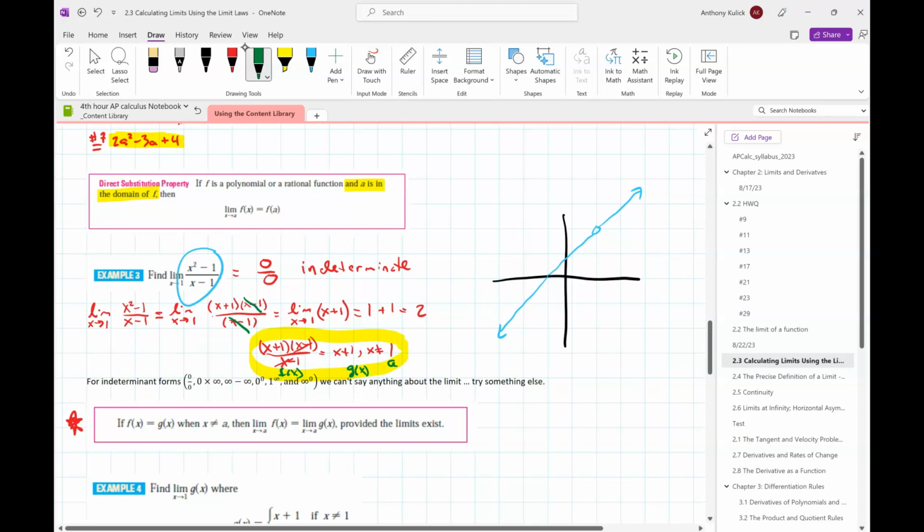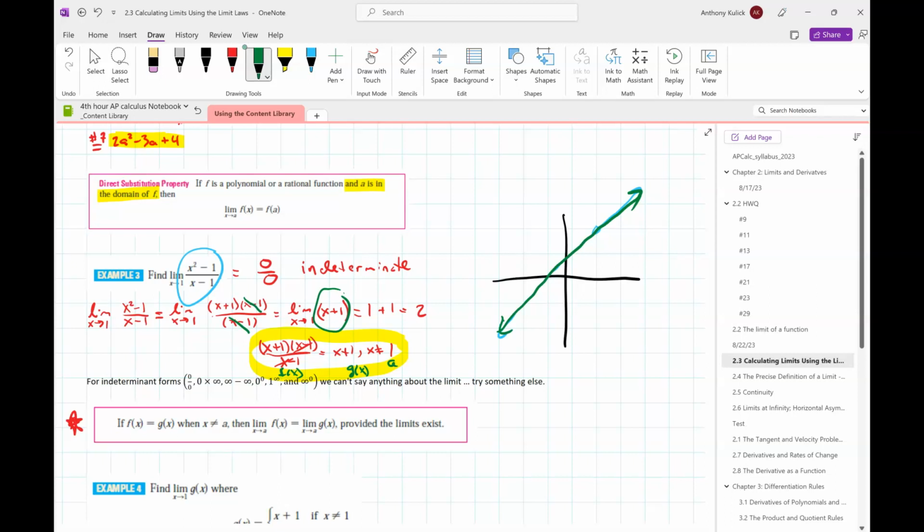The limit as x approaches 1 is 2. If I look at the graph of this, its limit as x approaches 1 is still 2. Even though that piece is undefined there, it's fine. The limits are still the same at that point. It's okay. That's basically what we're doing, right?